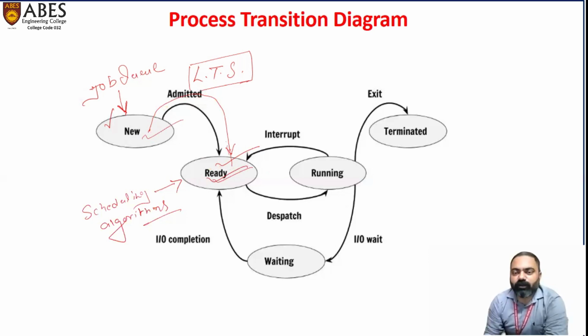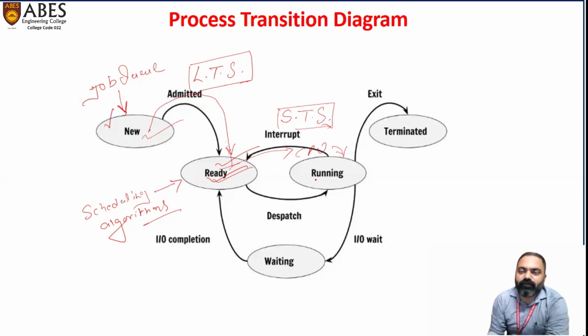And from here, again, a scheduler named short-term scheduler, STS, will fetch one process at a time and give it to the CPU, meaning the process gets executed. CPU will execute that process. If there is no IO, no interrupt, nothing, then the process will get executed completely and will terminate.